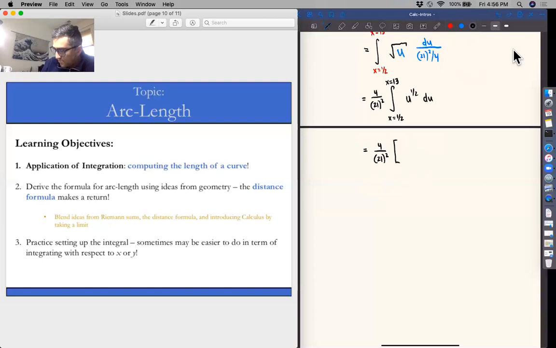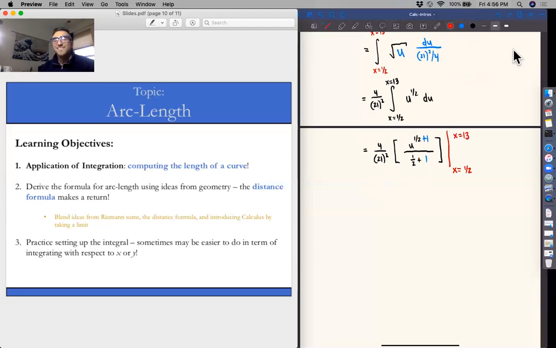So taking the antiderivative power rule, we have u to the 1/2 plus 1, and we divide by that 1/2 plus 1 as well. And at the end of the day, we want to evaluate this at x equals 1/2 and x equals 13.